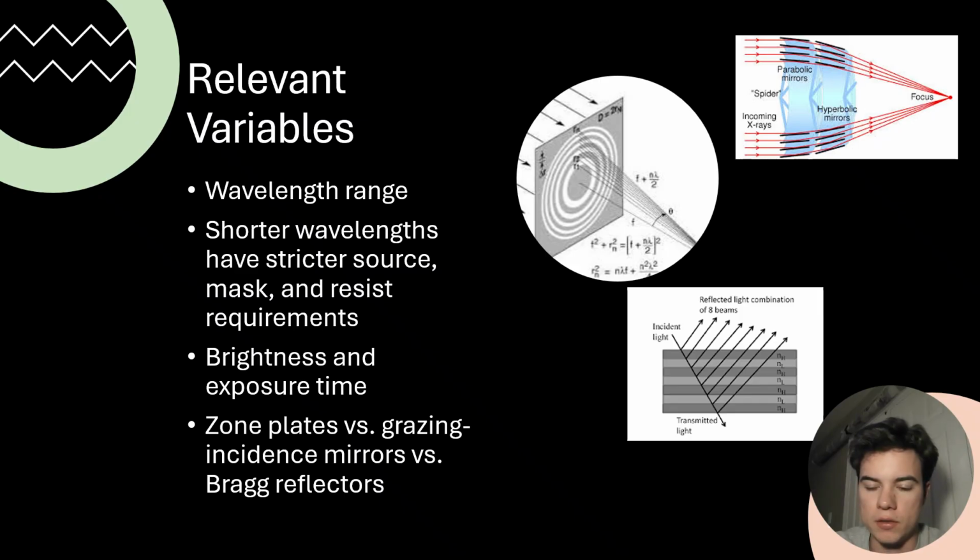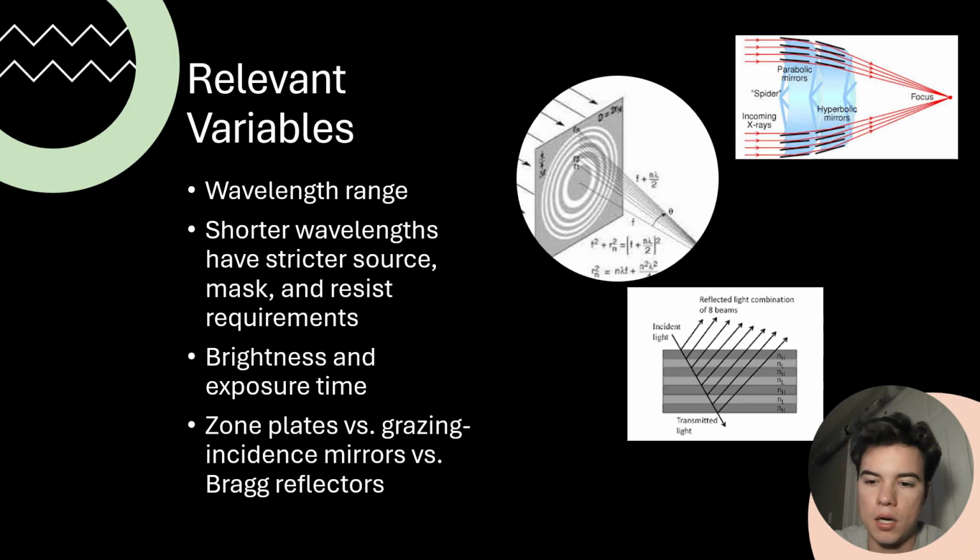The typical range is going to be in the few nanometers, but smaller wavelengths theoretically will give better features, but they require more specialized sources and much stricter constraints on tolerances and control systems and material quality and efficiency. So this is something to consider.